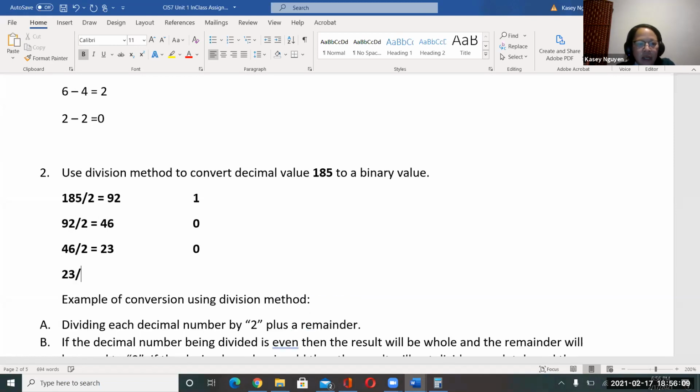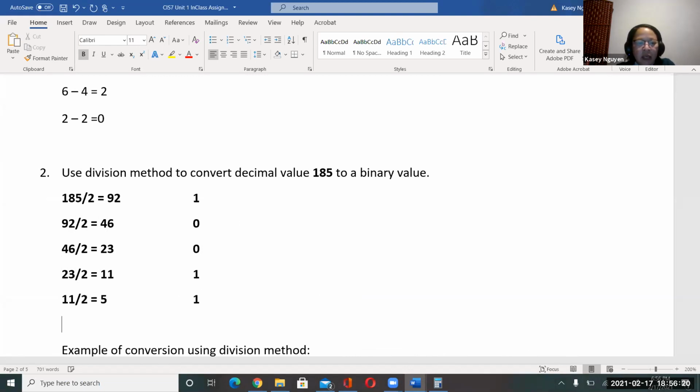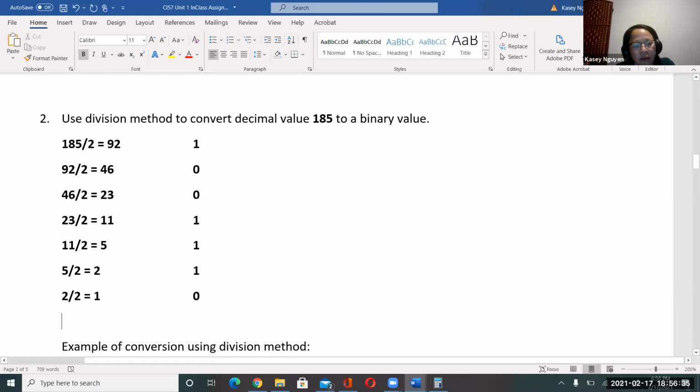And then 23 divided by 2, that's going to be 11 with the 1 remainder. 11 divided by 2, that's going to be 5 with 1 remainder. 5 divided by 2, that's going to be 2 with the 1 remainder. And then 2 divided by 2 is 1 with the 0 remainder. 1 divided by 2 is a 0 with the 1 remainder.